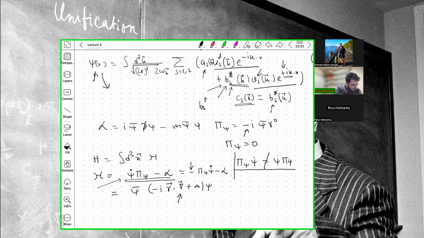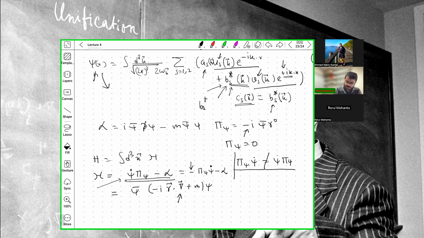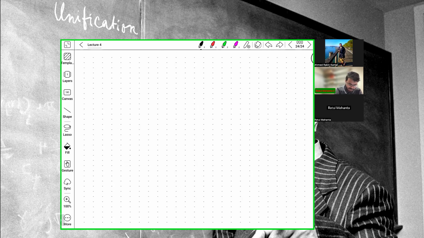Okay, and then you can use the normalization relations. You can plug in the mode expansions, the Fourier decompositions, and finally you will find H equals this.